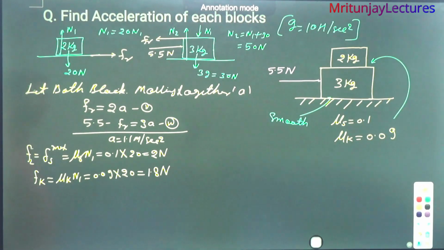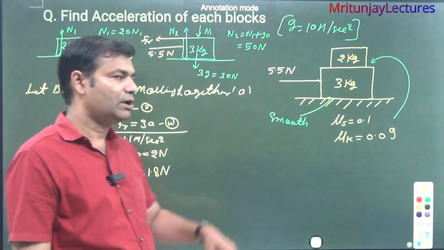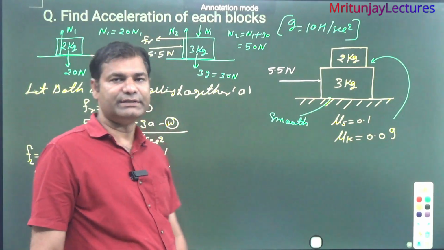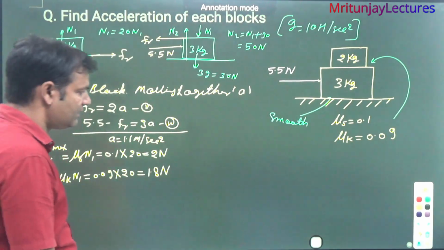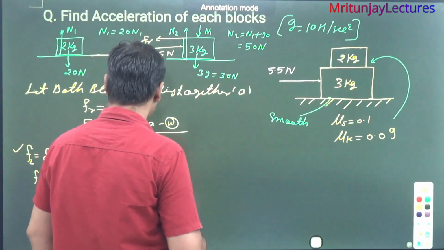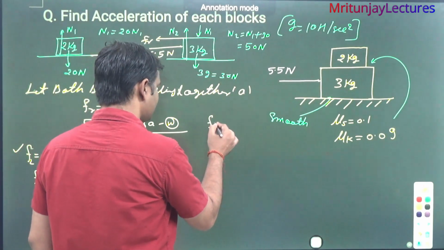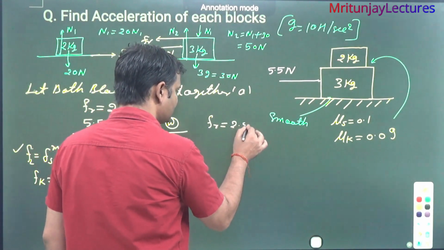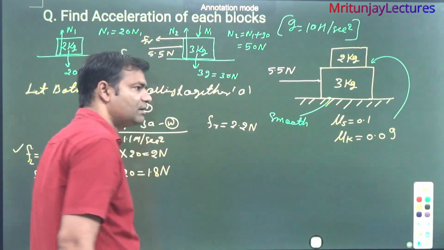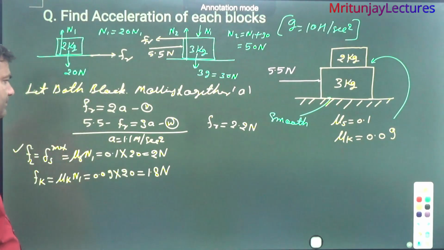Very simple. Now look, whether this block moves or not is decided by which one? Limiting friction. Check here. What about Fr? We put A equal to 1, and we get 2.2 Newton.